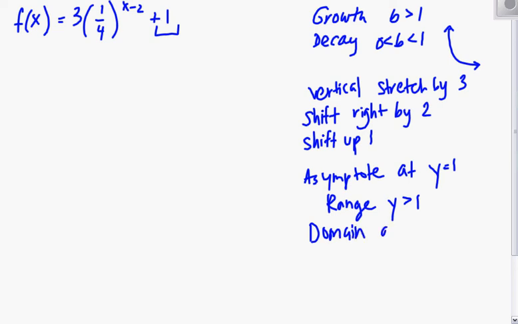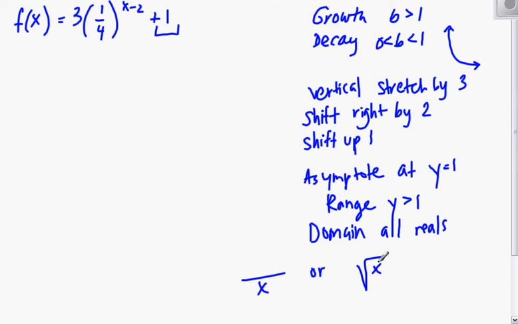Again, more than likely it's always going to be all real numbers. It's your x values. What does it do on your graph? The only time when your domain is affected is when you have a problem that has an x in the denominator of the equation, or when you have an x under your square root.